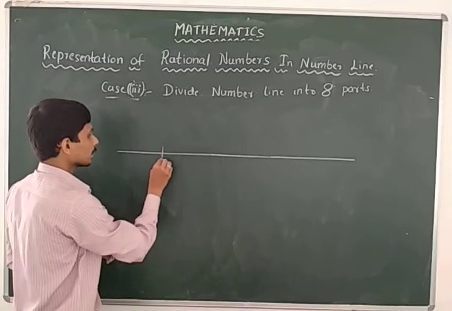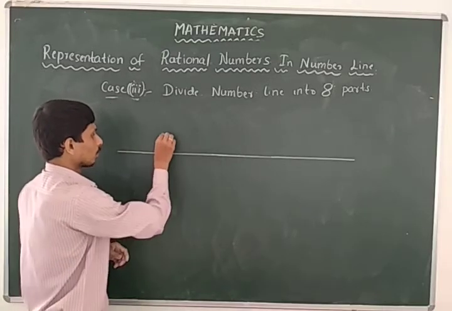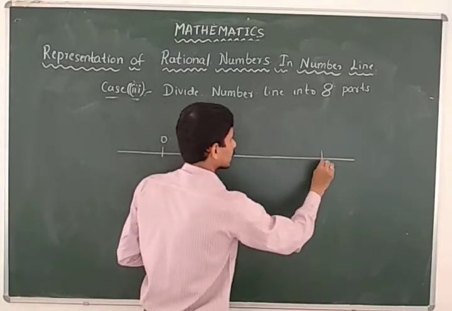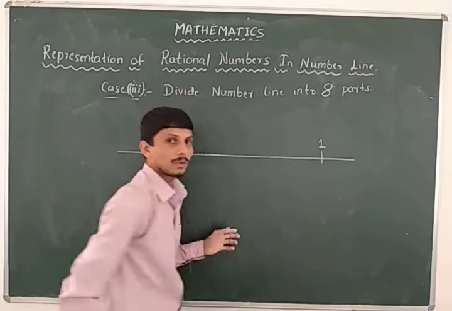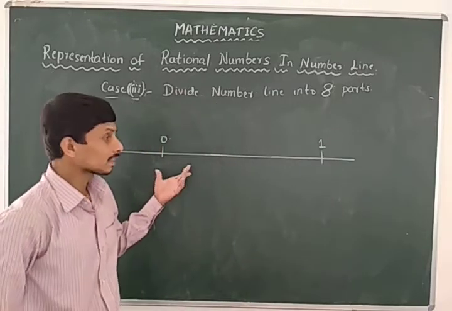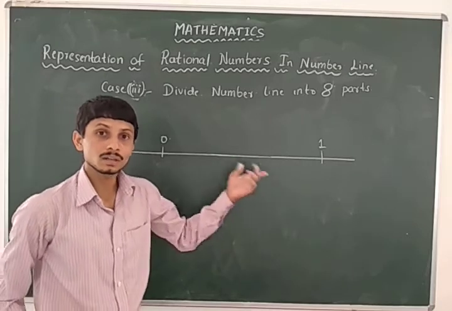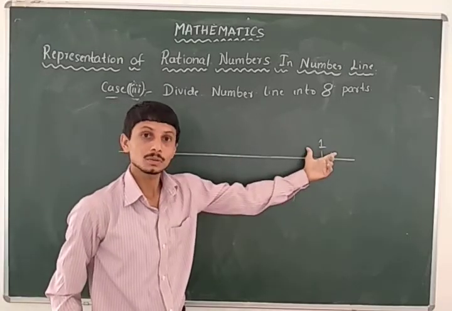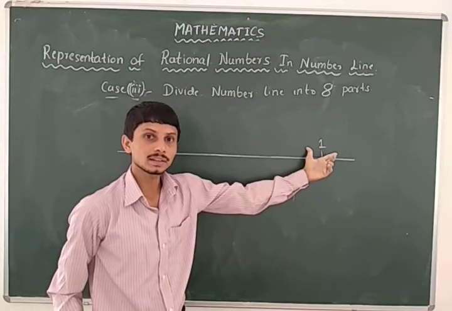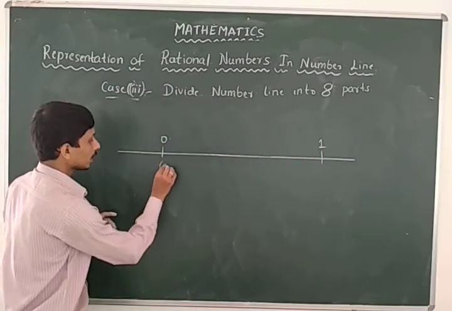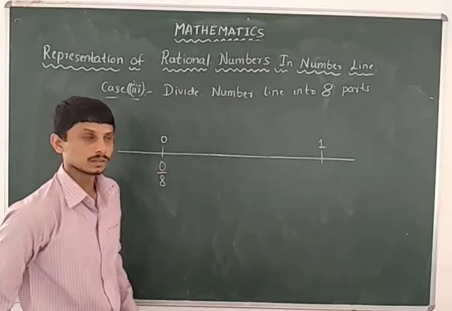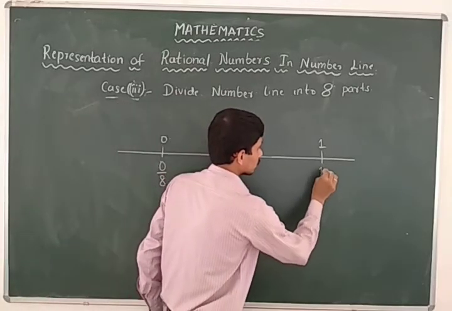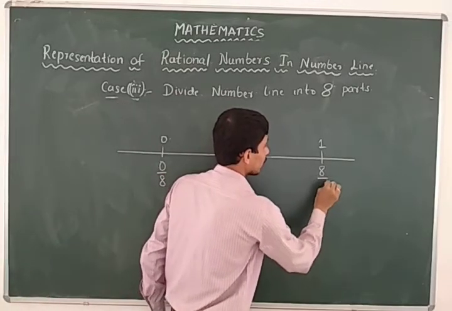For this I am just representing one as 0 and another as 1. So I will consider only 0 and 1. One is 0 and one is the positive integer. So I can write 0 as 0 by 8 and 1 as 8 by 8.